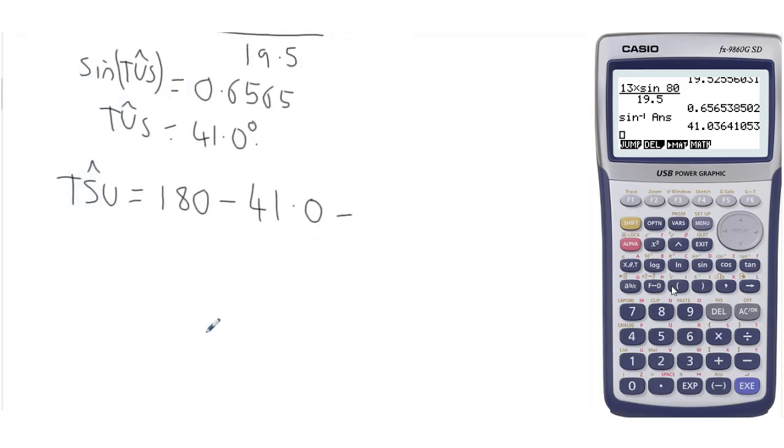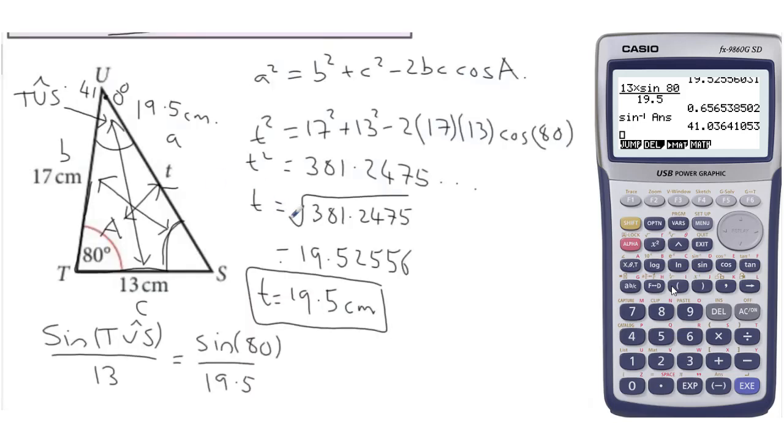So that's just going to be 100, take away the 41.0. So 100 take away 40, 60, take away 1 is 59.0 degrees. We can then go back to our diagram and put that on, 59.0 degrees.